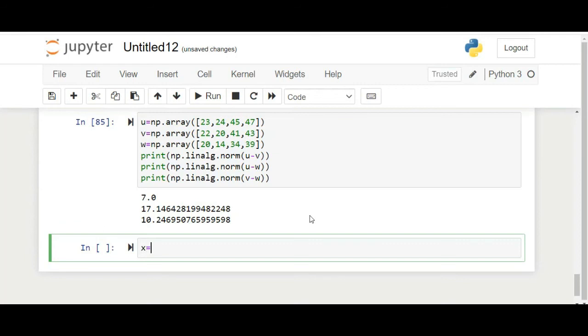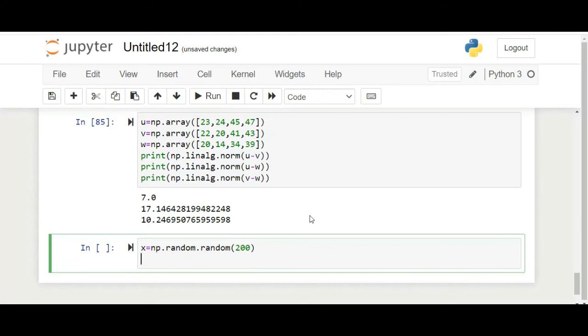x is equal to np dot random. Inside the bracket we'll write 200, and we will write standard deviation, std dev.